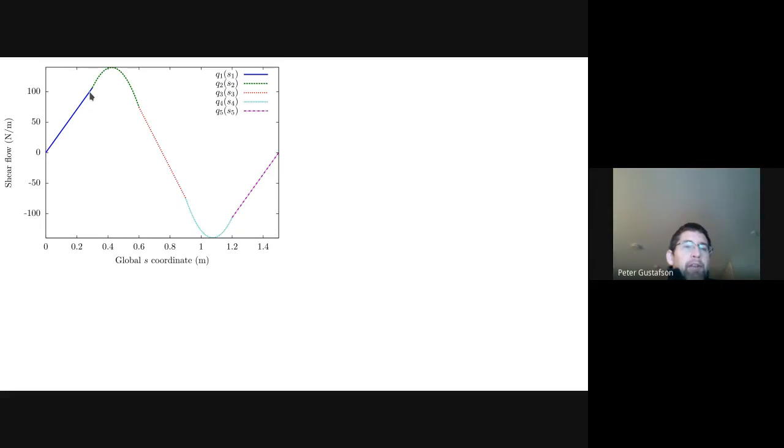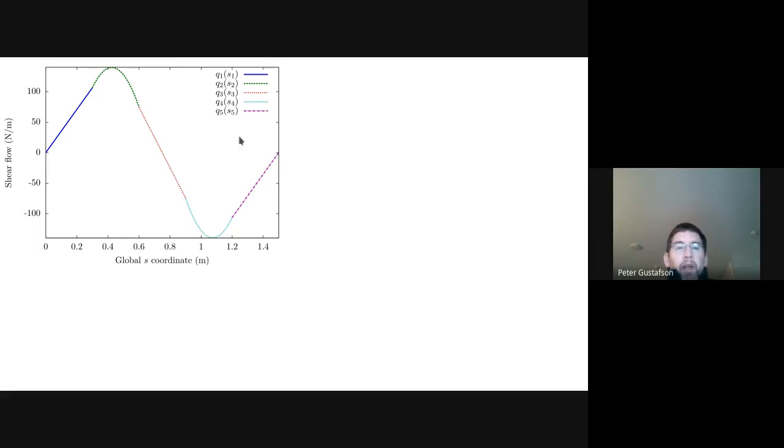In the second segment, QS2 was quadratic, and you can see it shows up as a quadratic. S3 was again linear, and you can see in the plot that it is now linear. Q4 was quadratic. Again, it shows up as quadratic. And then S5 was again linear.